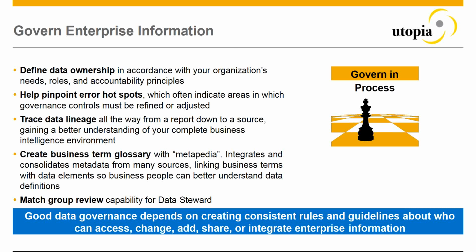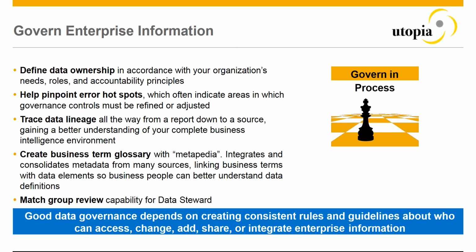So first, you define data ownership in accordance with the organization's needs, roles, accountability, and also the maturity level that you're at. This tool allows you to evolve from a low level of maturity to a high level of maturity, and allows you to go through that journey of change management without too much pain.